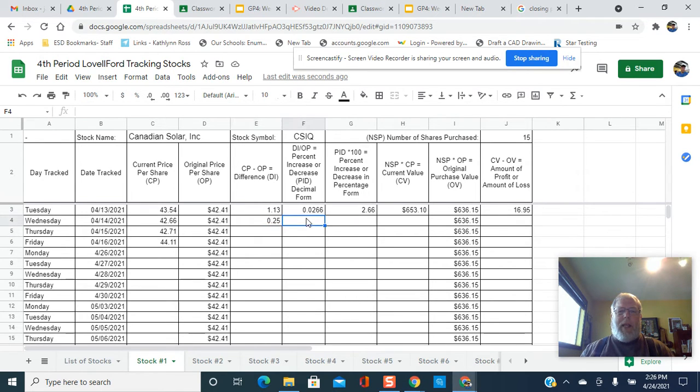We're going to take that 0.25 divided by the original price per share, which is 42.41.